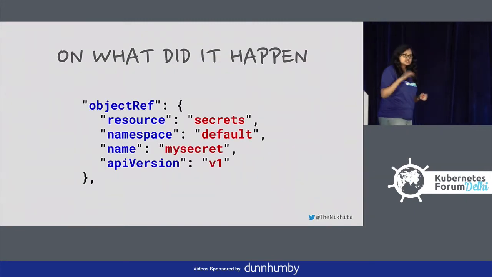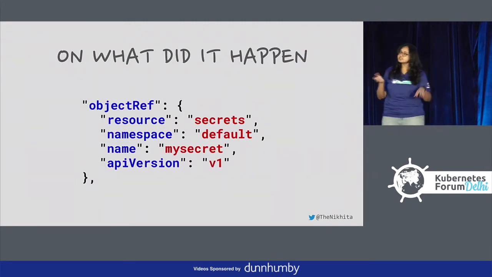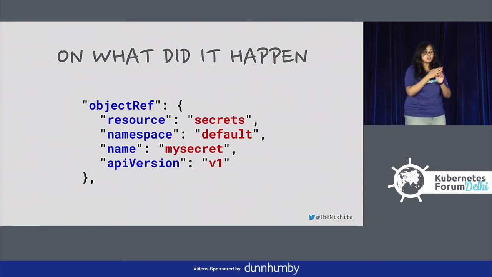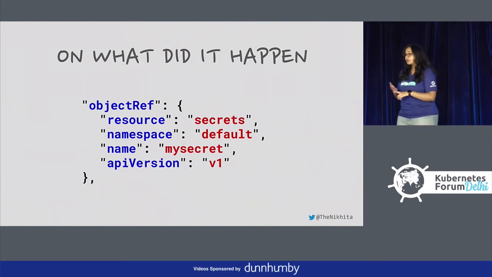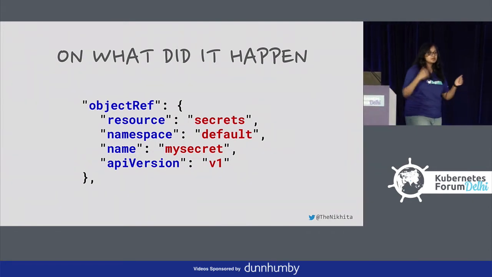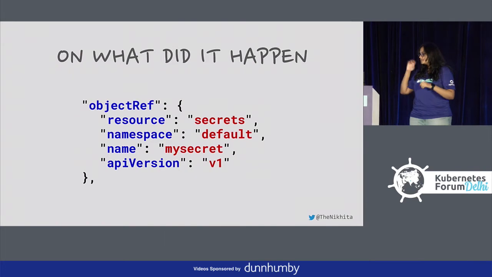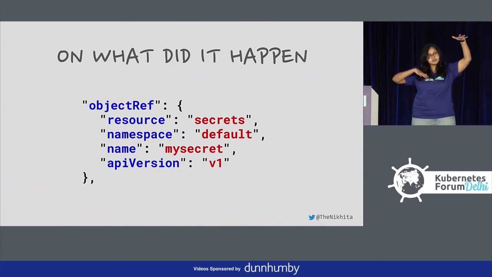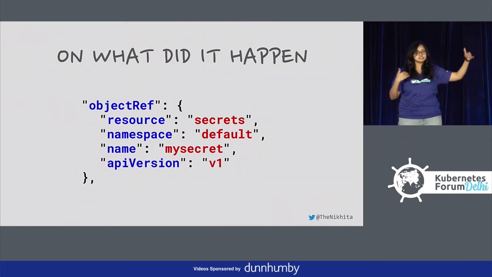On what resource did this action take place? A resource in Kubernetes is a pod, all Kubernetes API objects, a pod, a secret, a replica set, a deployment. So the objectRef key in the whole JSON blob gives you more information about what resource got updated.